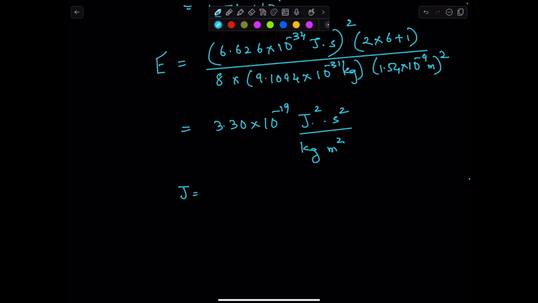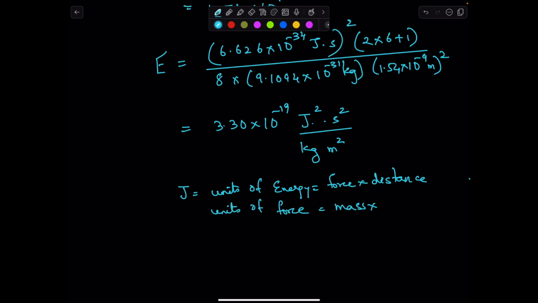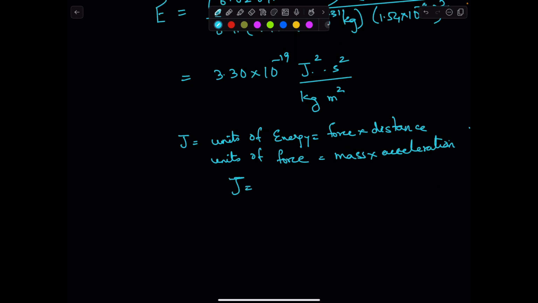Joule is the unit of energy, which is force times distance. The unit of force is mass times acceleration. So the unit of joule is kilogram meters per second squared times meters, which is kilogram meter squared per second squared.